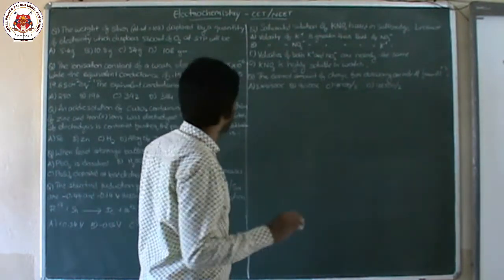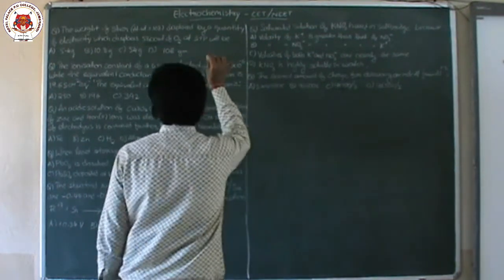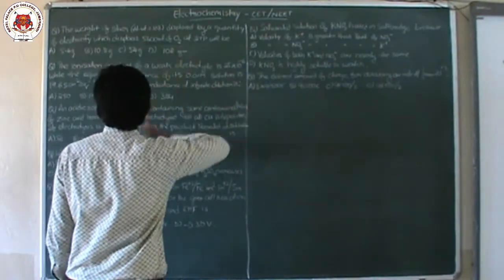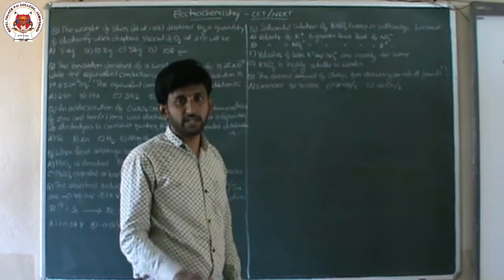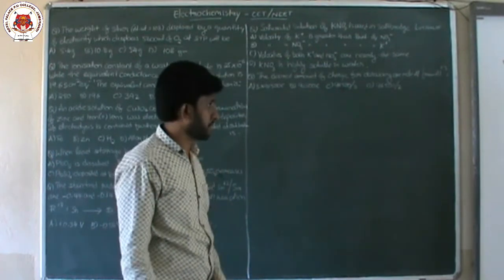Now, oxygen is displaced, so from where is it displaced? Basically we need to consider water electrolysis.